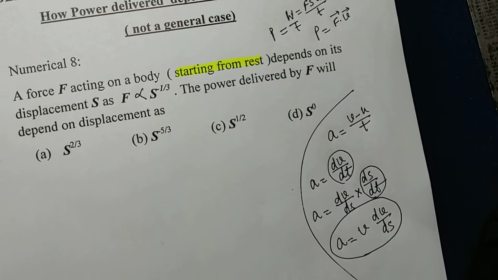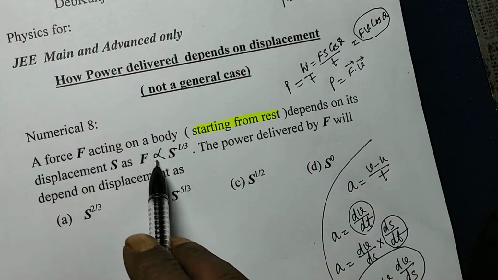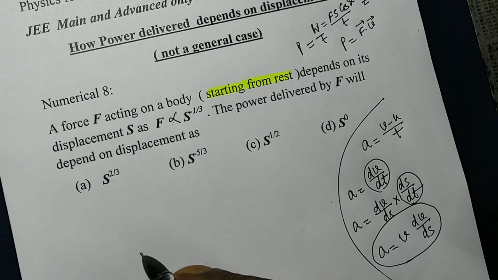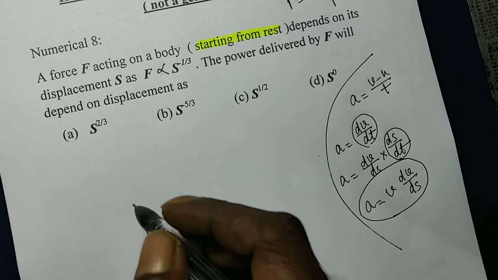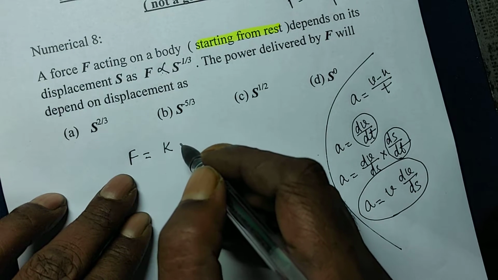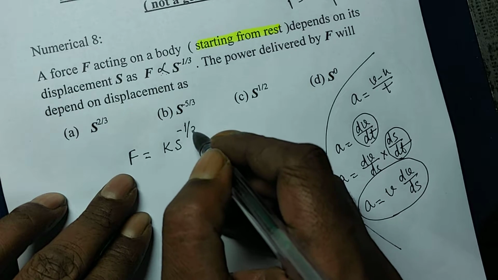Now let us come back to the problem. Since F is given as proportional to S to the power minus 1 by 3, that can be replaced. So your F will be equal to some constant k times S to the power minus 1 by 3.